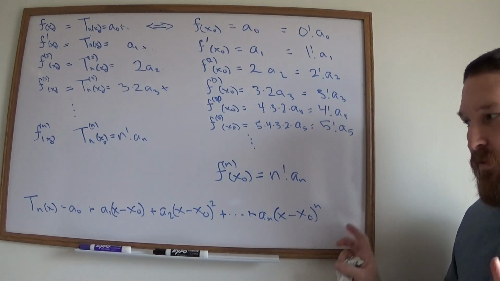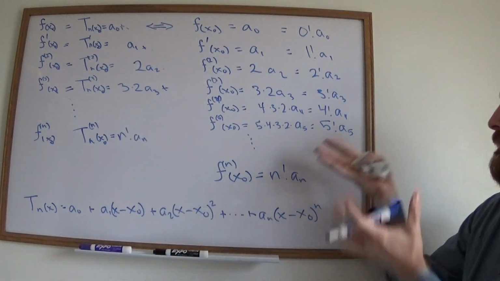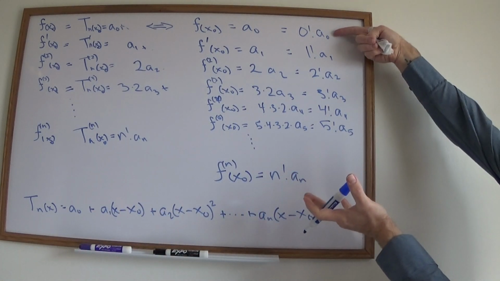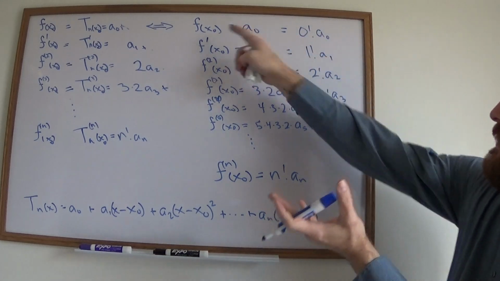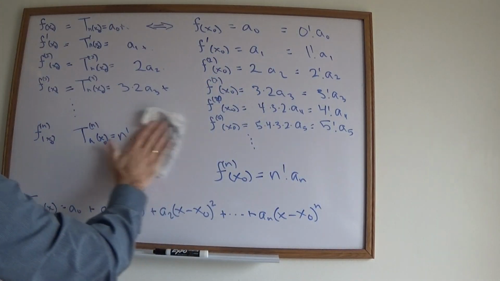So all we need to do then is just find what these numbers are. Well, there's that number. Now if I just solve this, I'm going to give myself more room over here.